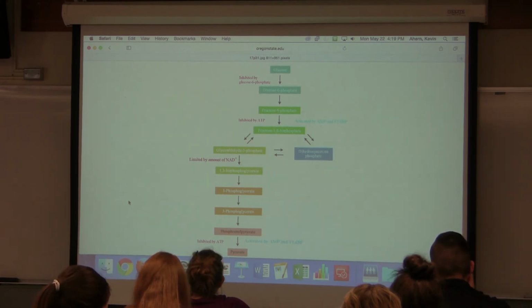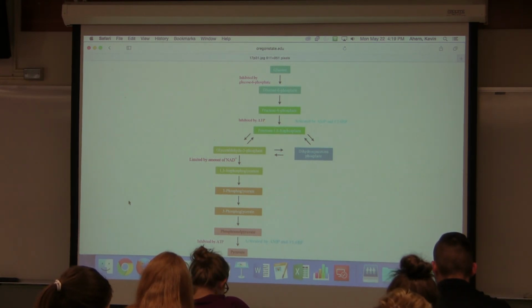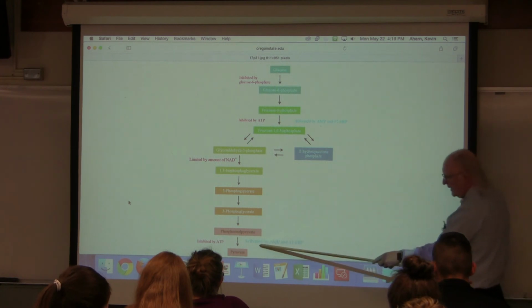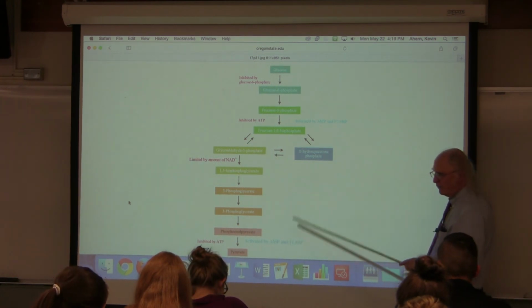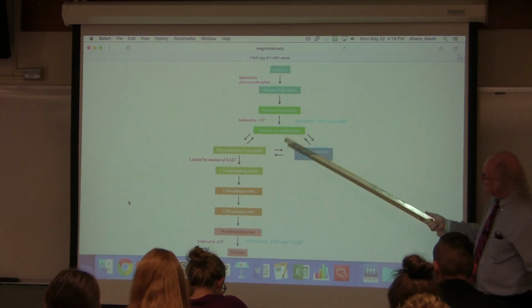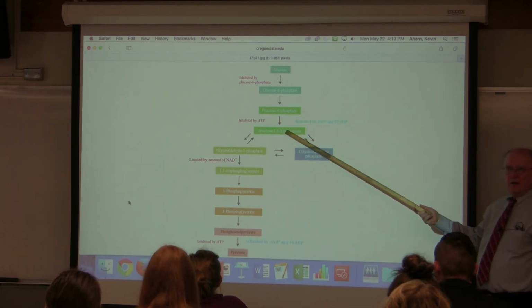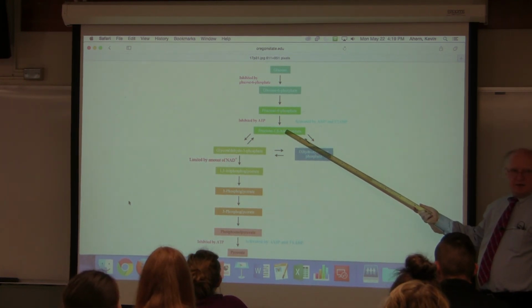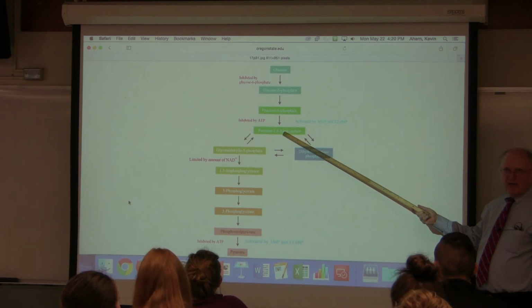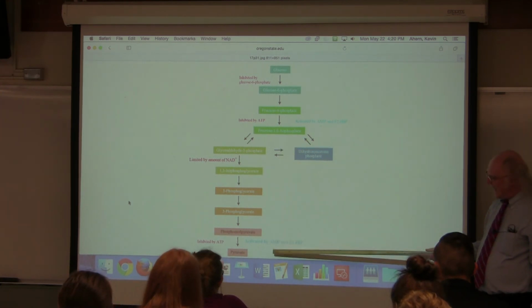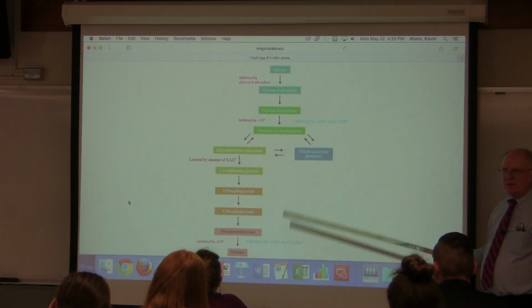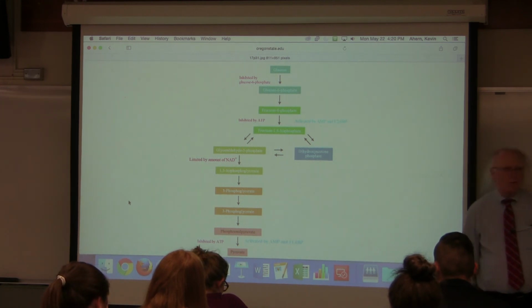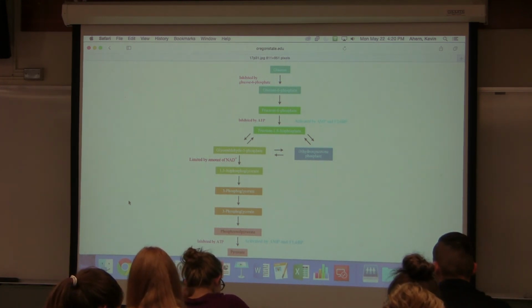Now, this is something I alluded to earlier that I want to bring fully to the front right now, okay? F16BP is this guy right here. Look at this guy right here. An intermediate in the pathway is activating an enzyme late in the pathway. Why in the world?